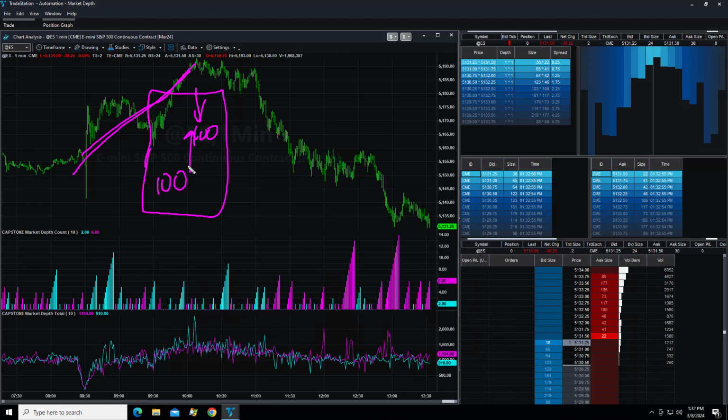The bids start hitting the market, and as the market moves up, oftentimes you'll see that there are more offers than bids.